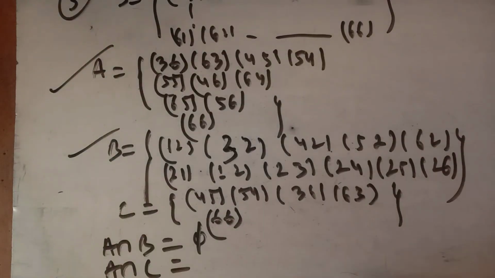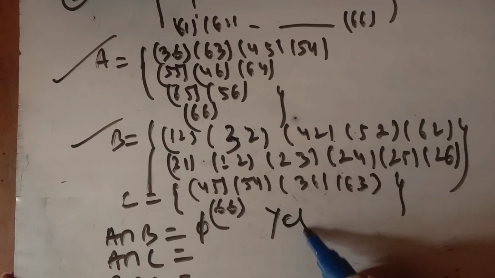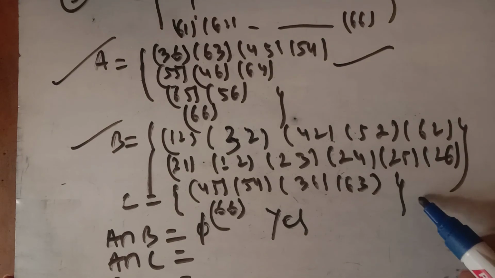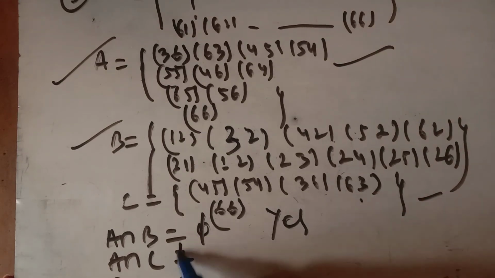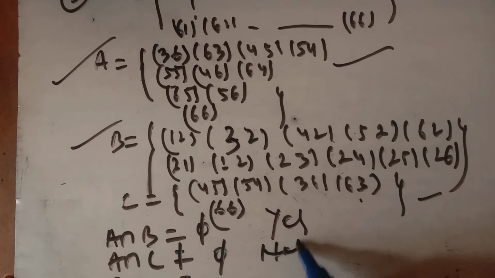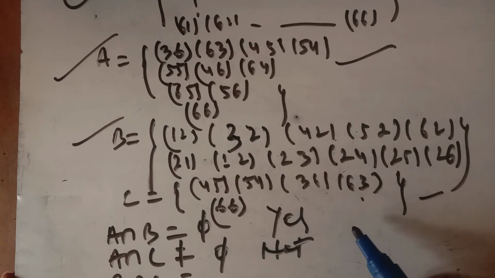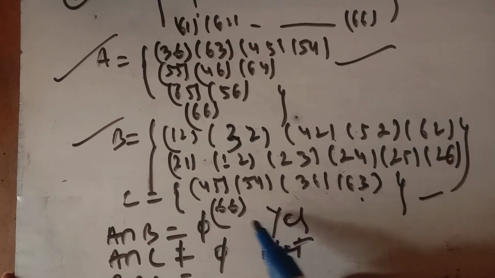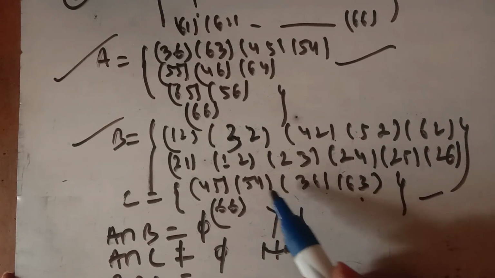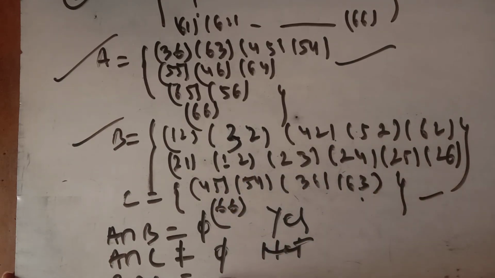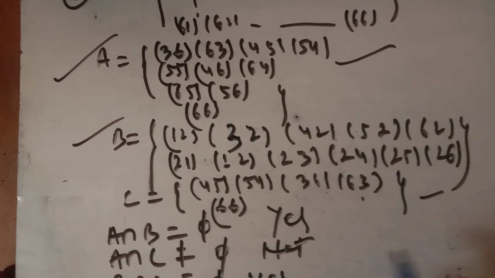You can take your time. Okay, so they are mutually exclusive. A intersection C में ये common नहीं है, not equal to empty, so they are not mutually exclusive. And B intersection C, इसमें कुछ common आ रहा है B और C में, देख लीजिए. तो इसमें empty आ रहा है, so yes they are mutually exclusive.